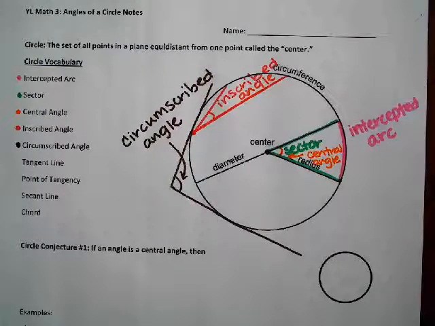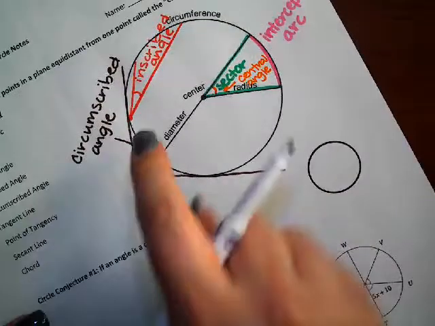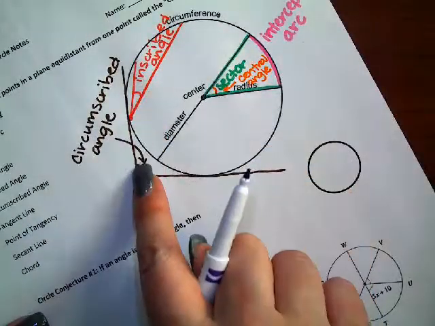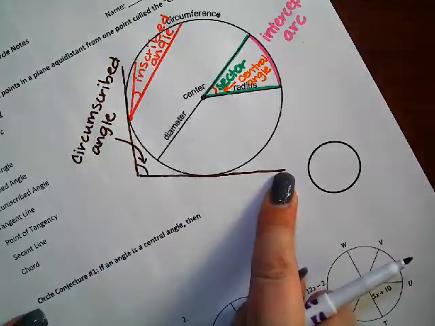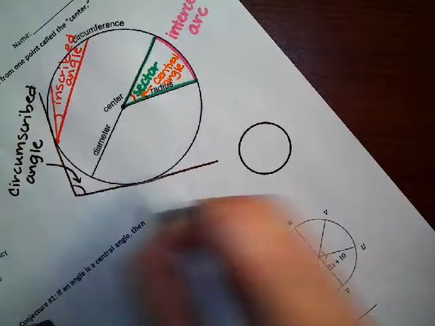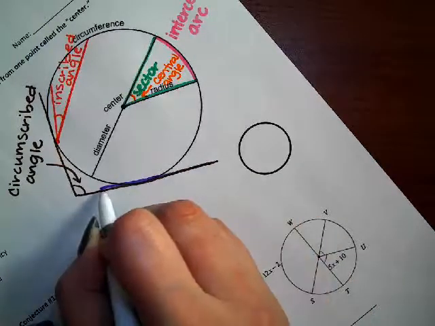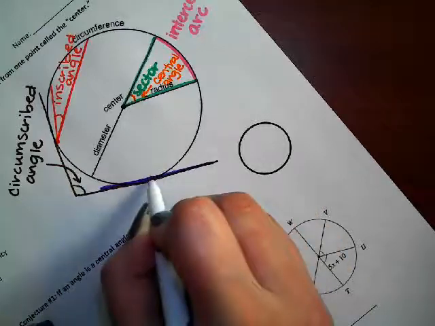Next, we have two that I'm going to do together, a tangent line and point of tangency. So this part of the circumscribed angle and this part of the circumscribed angle are actually both considered tangent lines. I drew those in brown. I'm going to go ahead and draw this in purple, which might be hard to see since those colors kind of look similar on camera. I guess you can kind of see that.